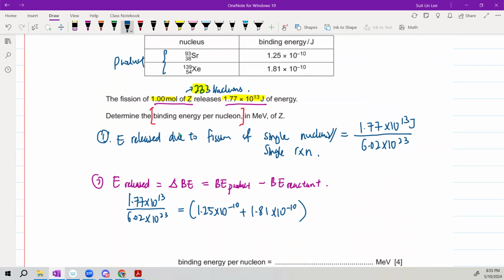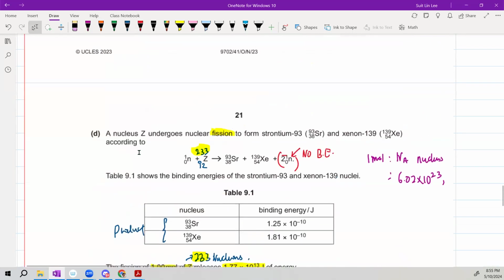So the reason why I'm doing this is because I want to maintain everything in Joules. I'll convert later. And what am I looking for? The binding energy of the reactant. Who is the reactant? Nucleus Z. And once again, this one neutron has no binding energy.